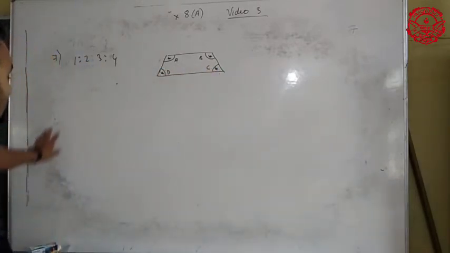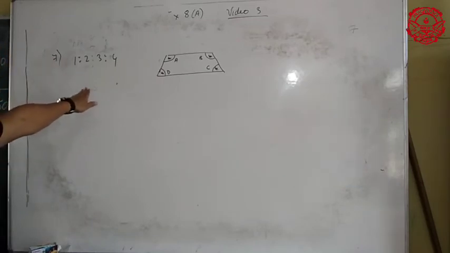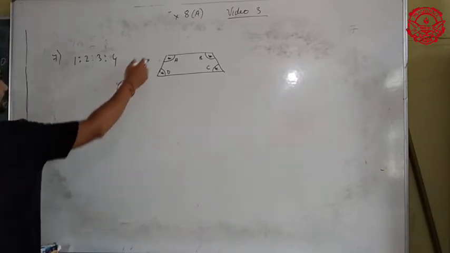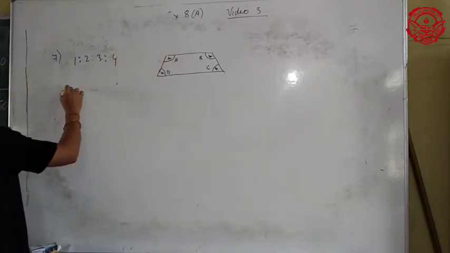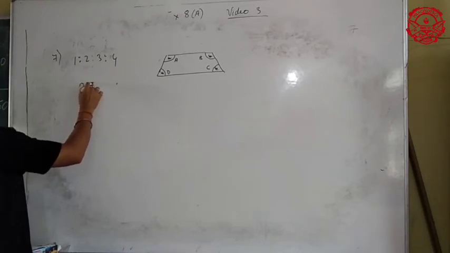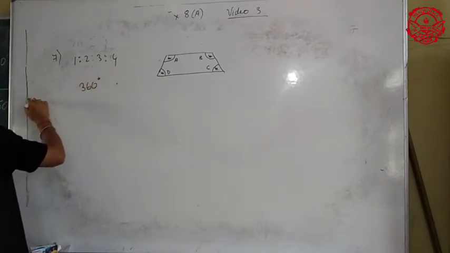Now see, you can try this in the X method or the other way also. We know that the sum of all the angles of a quadrilateral is 360 degrees.